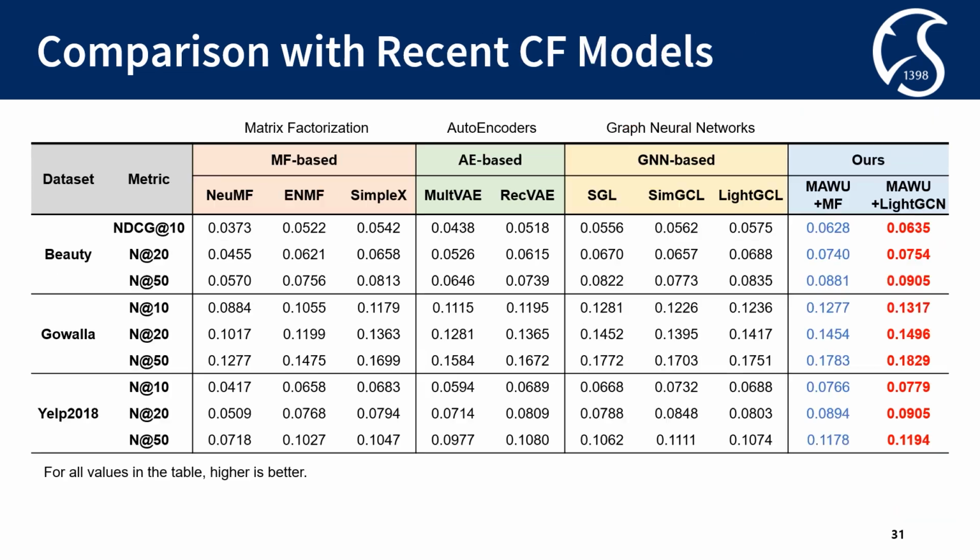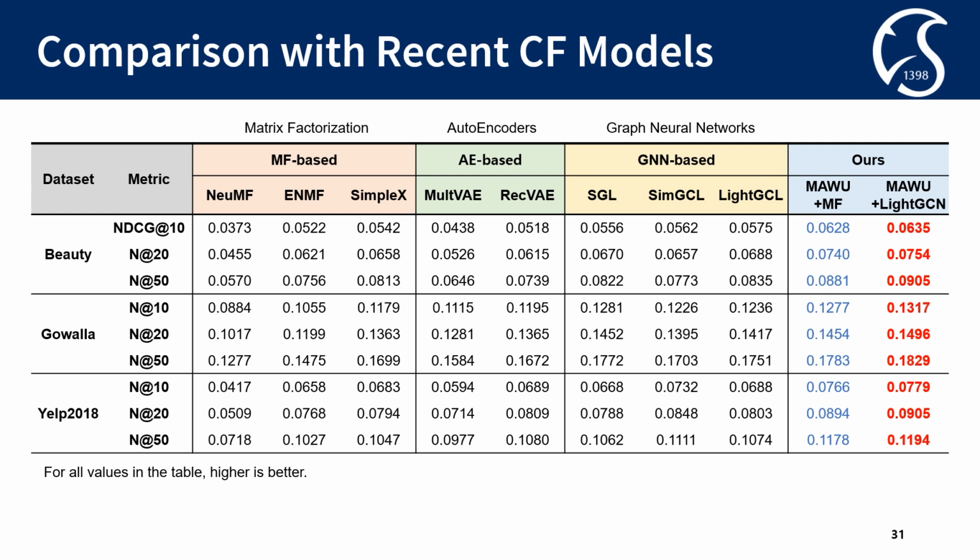Next, we show a performance comparison with 8 state-of-the-art models in collaborative filtering. CF models are categorized into 3 types: matrix factorization, autoencoders, and graph neural networks-based models. Our empirical research shows that MF and LightGCN equipped with MAU consistently outperform other CF models.